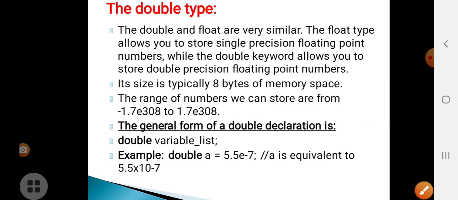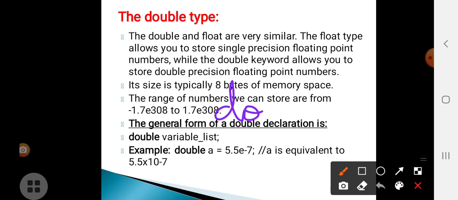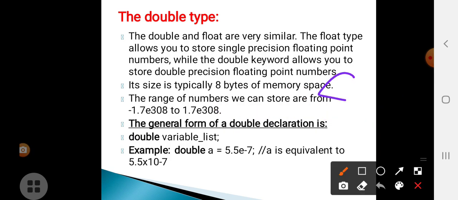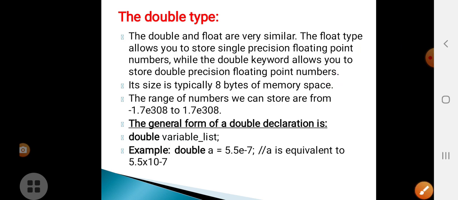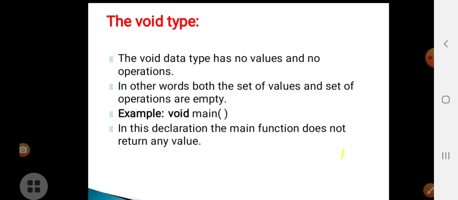Double is the data type and the variable name is a. This is how the double data type is declared. It will have a memory space of 8 bytes.